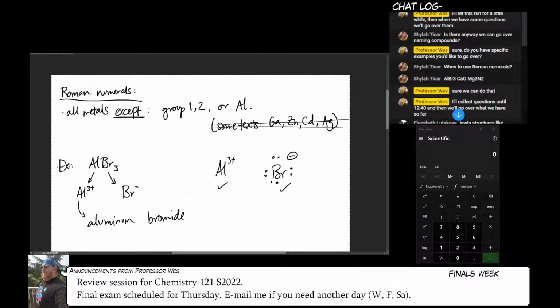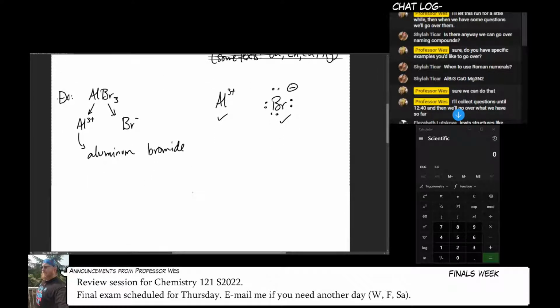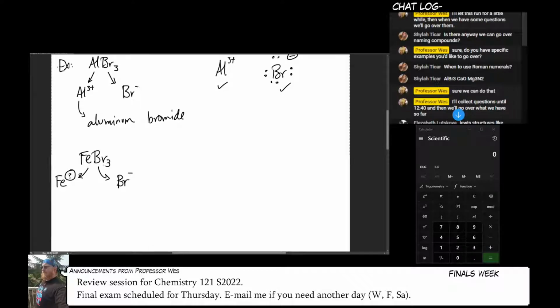All right, so there's that one. But let's suppose that you wanted to do something like this. You know that bromine is still -1. But iron could be anything, right? That one's not known. So what we had to do in this case is deduce its charge by figuring out what all the other ions are.